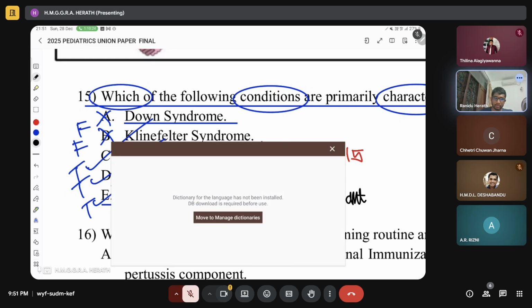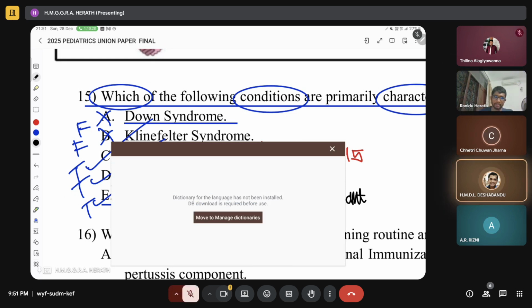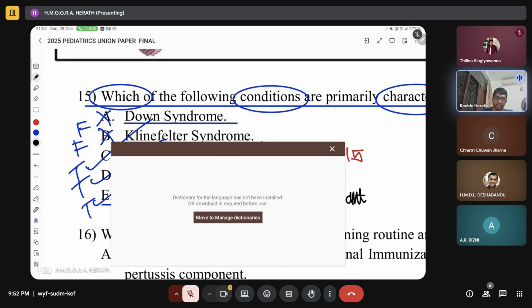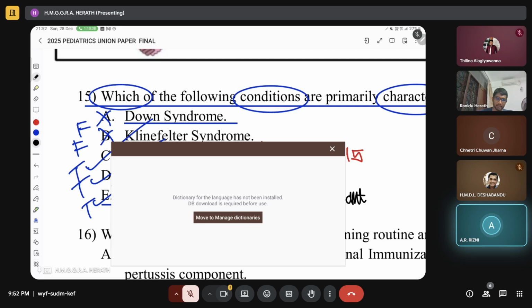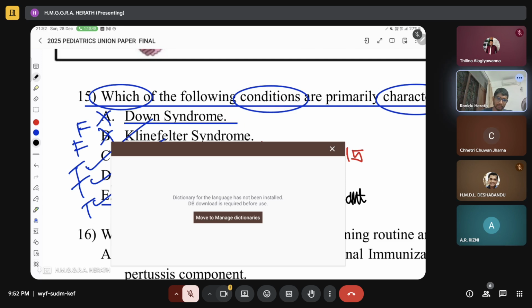Pulmonary stenosis. Good. So those are the things which are seen, right?